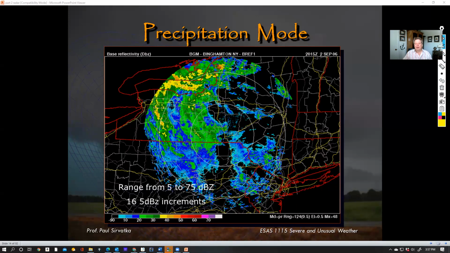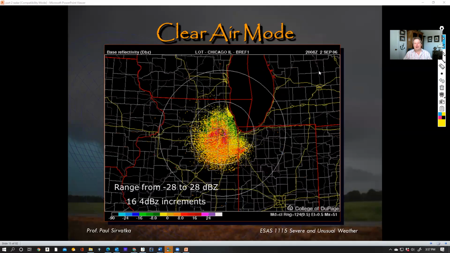Now, if I wanted to get that stuff, I have to operate in clear air mode. But look at the difference. Same 16 color levels, but this time there are 4 dBZ increments, and they go from negative 28 to 28.